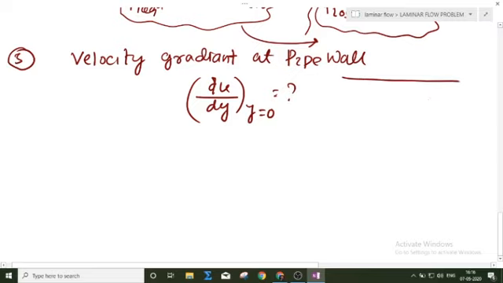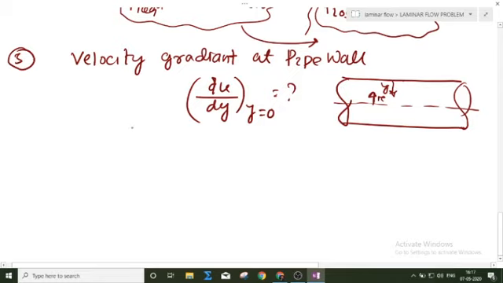Suppose this is my pipe, and this is the center line of the pipe. It is asking at this distance. We are measuring r from the center line and y from the boundary. What is this y? Y will be capital R, the radius of the pipe, minus r. What is this wall shear stress?